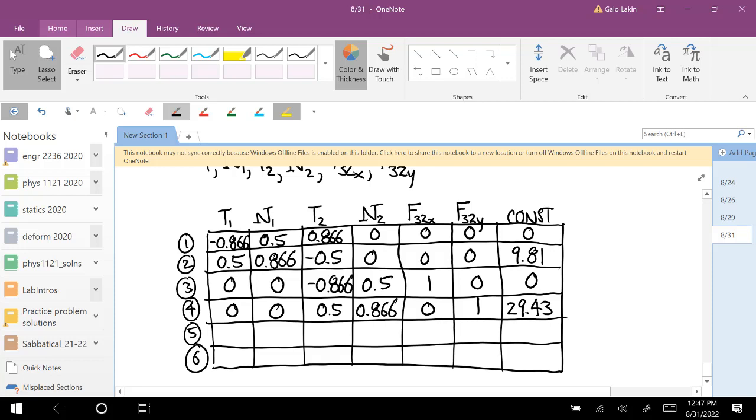Okay, and then equation 5, it's all zeros until F32, right? Okay, -1, 0, 0. And then equation 6, all zeros until the y, and that's -1, and then 19.62.